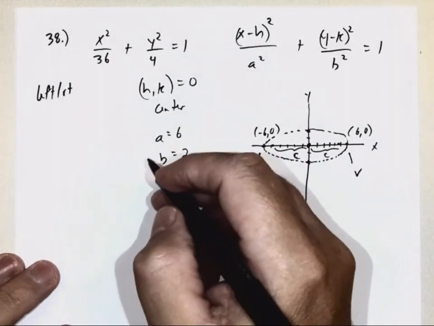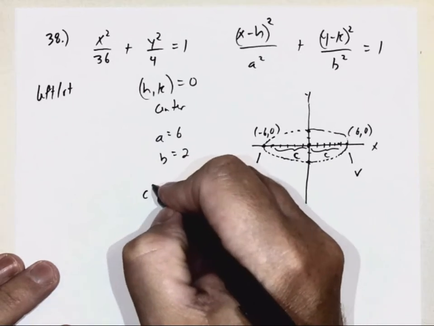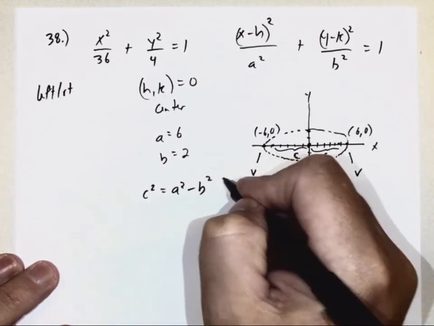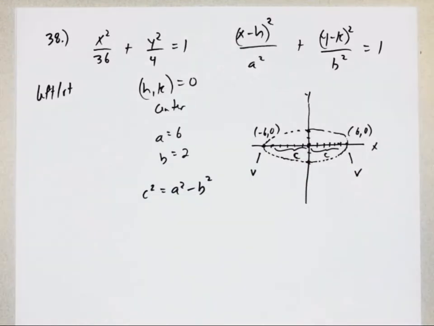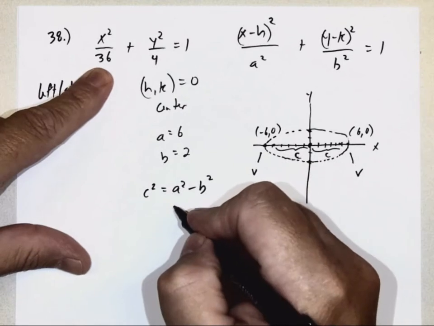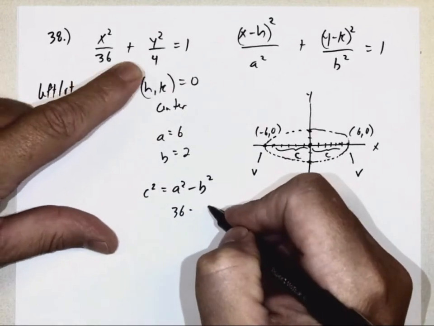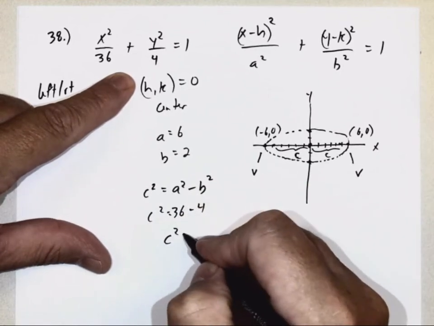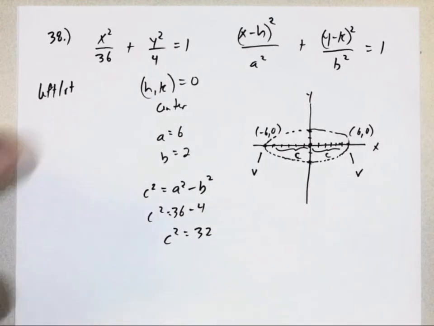And this is where sometimes I forget. I believe with an ellipse, the equation is C squared equals A squared minus B squared. Well, A squared's 36. B squared's 4. Looks like C squared is 32.